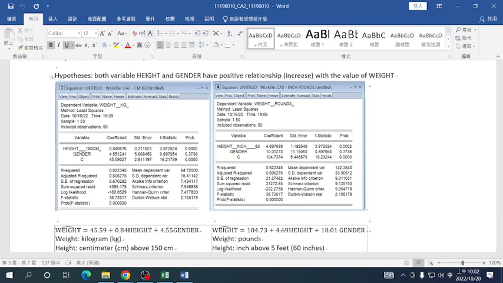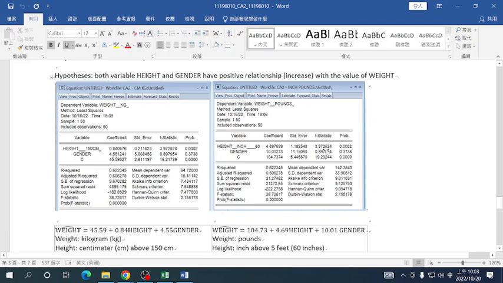Therefore, since this is multiplied by 2.2 times, the beta 2 is also multiplied by 2.2 times compared with the alpha 1. So what is our alpha 1 here? Inches and pounds. So here is our alpha 1.